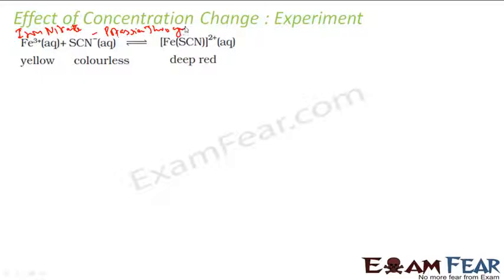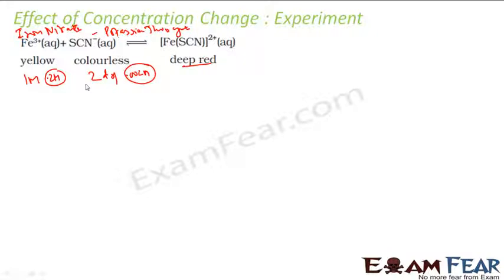If you take, let's suppose, 2 drops of 0.002 M potassium thiocyanate and 1 milliliter of 0.2 M iron nitrate, this reacts to form this, and this is deep red. So you see a deep red thing.